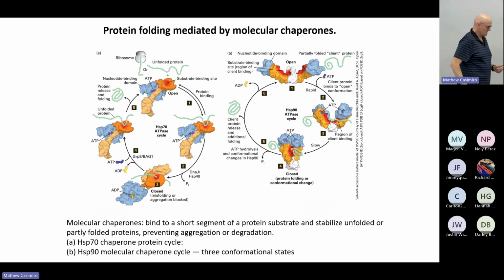The first set we're going to discuss are two chaperones that are called HSP70 and HSP90.